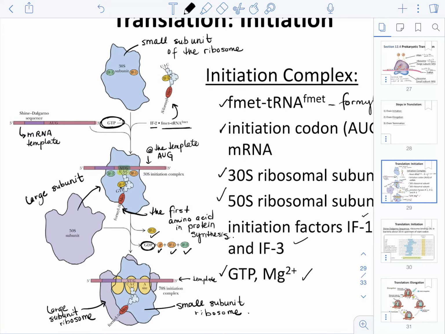We also already have the first amino acid in the sequence, which is that N-formyl methionine, and specifically, this is going to be bonded to the P site. We also have an A site and an E site, and we're going to see their roles in the slide when we talk about elongation.